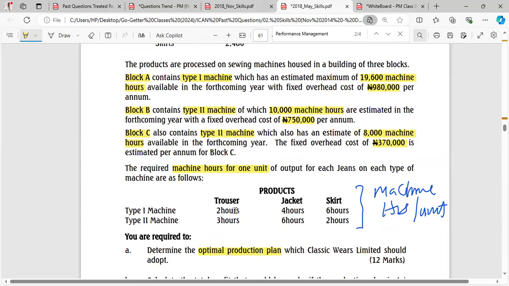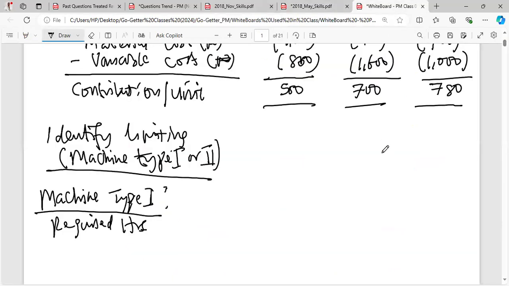Look at the required hours per unit. So we have 2, 4, and 6. So I will say required hours. This is 2. This is 4. And this is 6. So 2 hours for 1 unit, 4 hours for 1 unit, 6 hours for 1 unit.